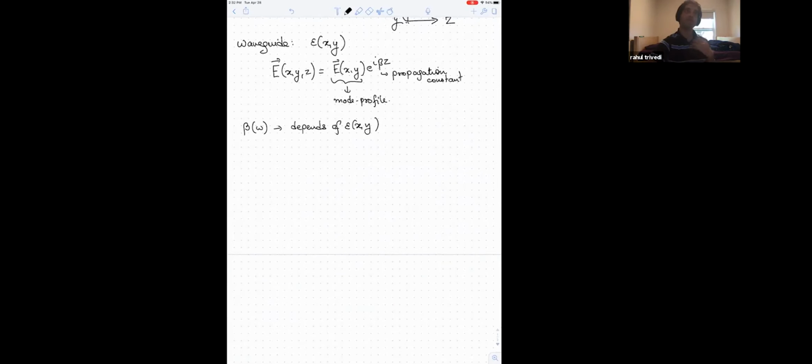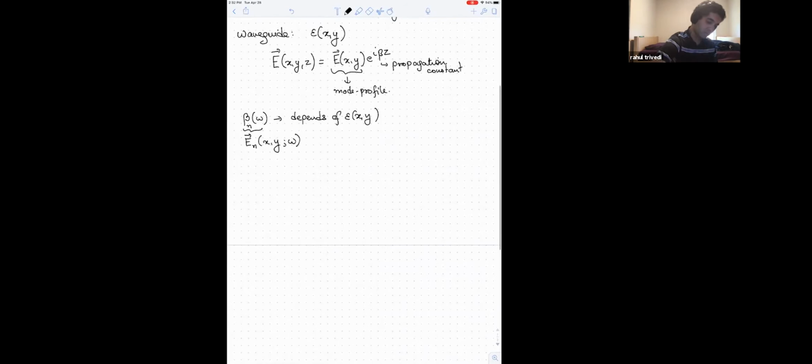And at the same frequency, you often have multiple guided modes. In a waveguide, just like in a cavity, you have multiple modes. For the same frequency, you will have the lowest fundamental guided mode, the first higher order guided mode, and so on. We are typically going to index this by an integer n, which tells us which guided mode you're looking at. Corresponding to each propagation constant, you also have a mode profile e_n of x comma y, which also depends on the frequency.